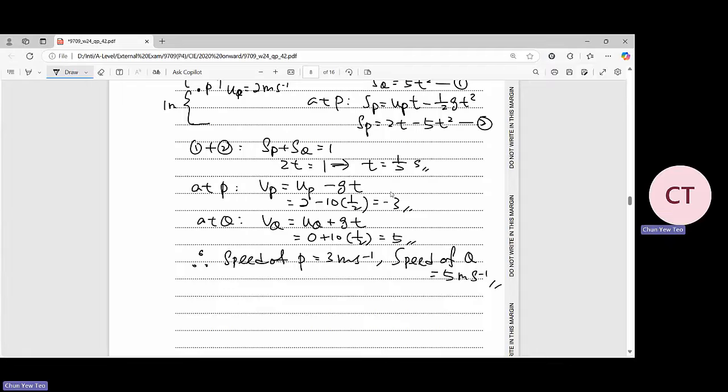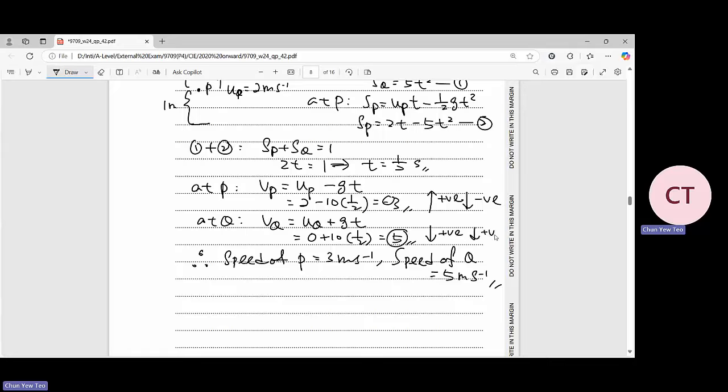But over here, there is something for you to be aware of. They have different signs. Q is positive, P is negative. You need to understand that at the beginning, I assumed P going up as positive. So when I have negative, it means it is going down. Half a second later when they collide, P is going down. But for Q, at the beginning I treated going down as positive, and now it is still positive.